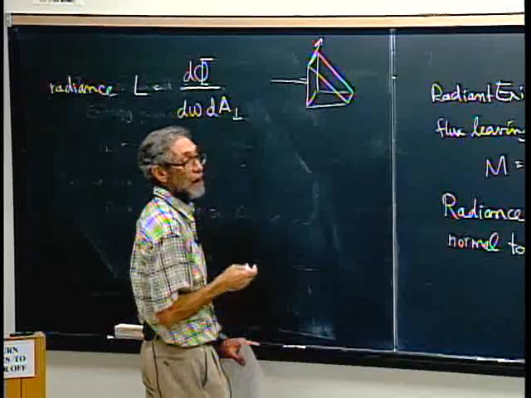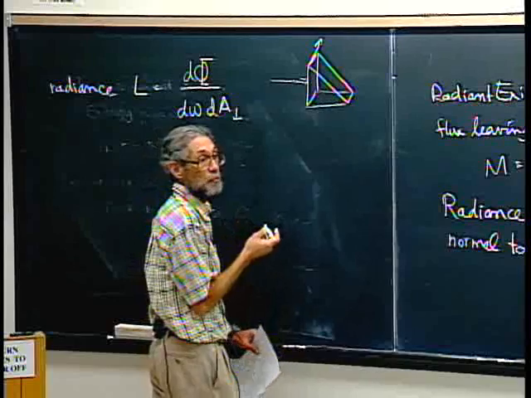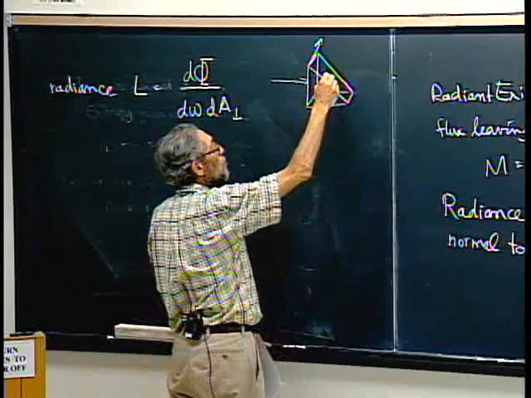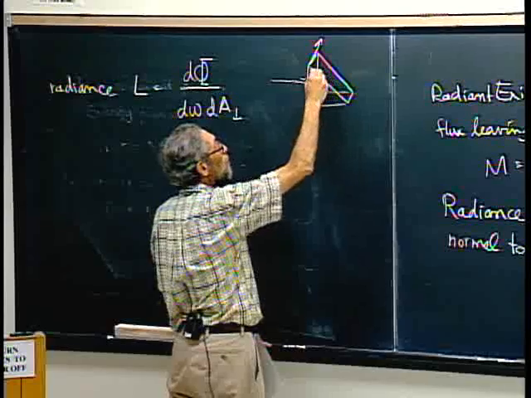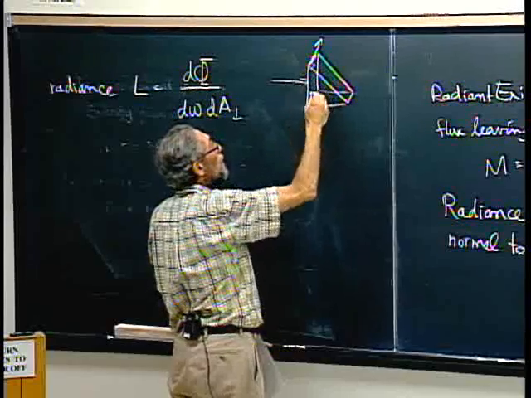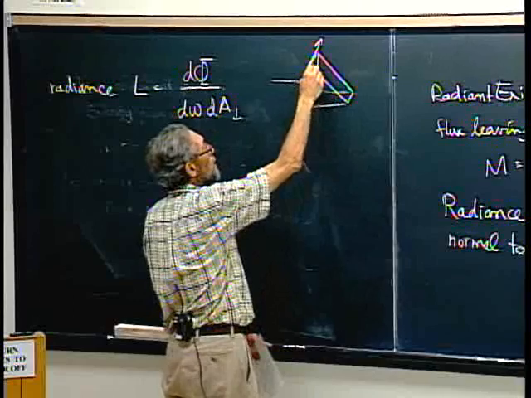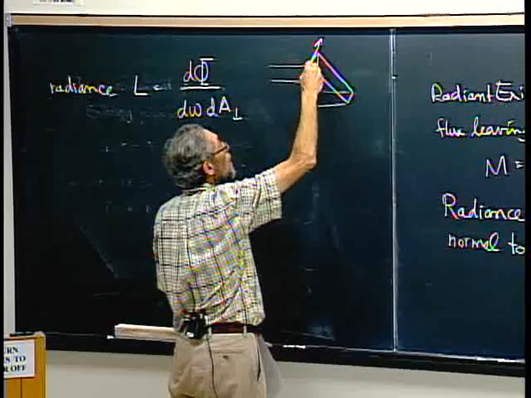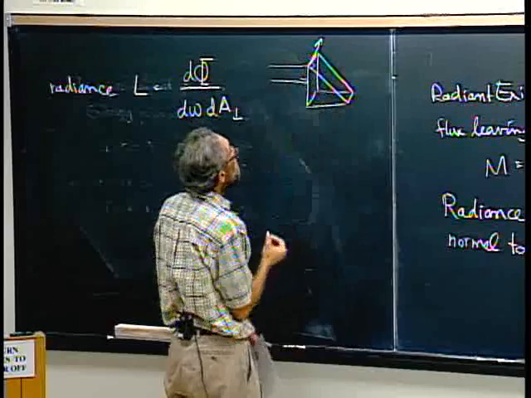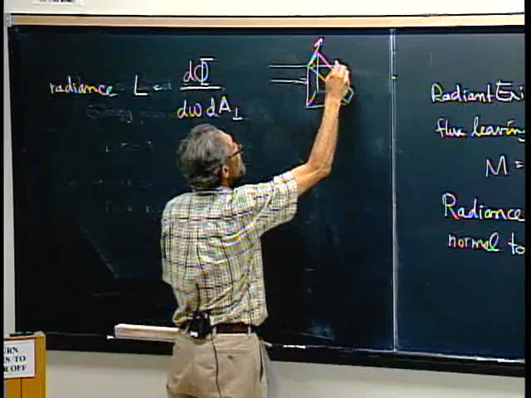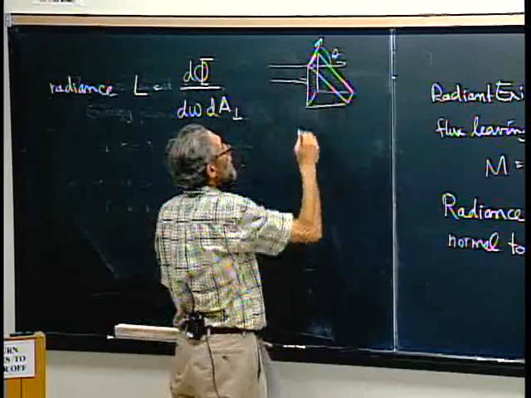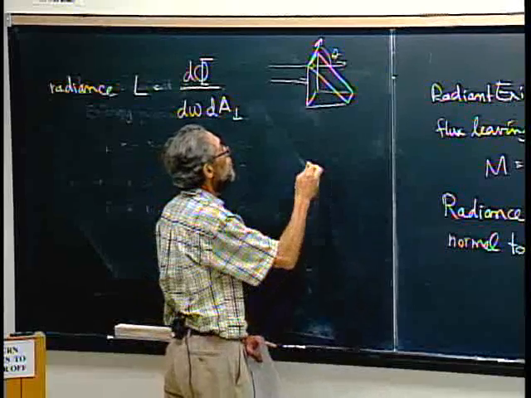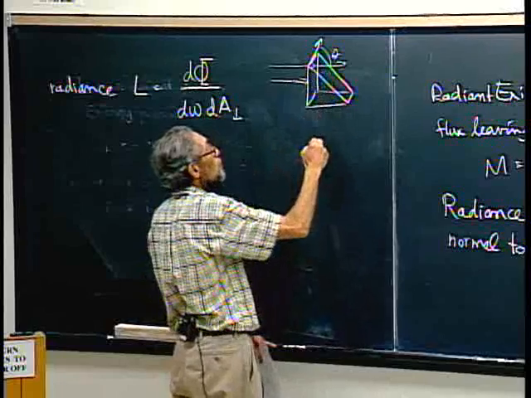That's the normal to the actual area that's intercepting the beam. And I have an angle between that normal and the beam direction. So here's the beam direction, and this angle is theta. I'm confusing it with the 3D picture.